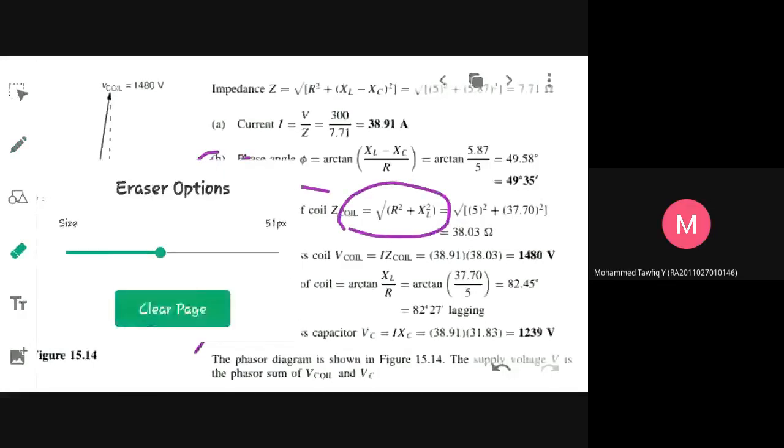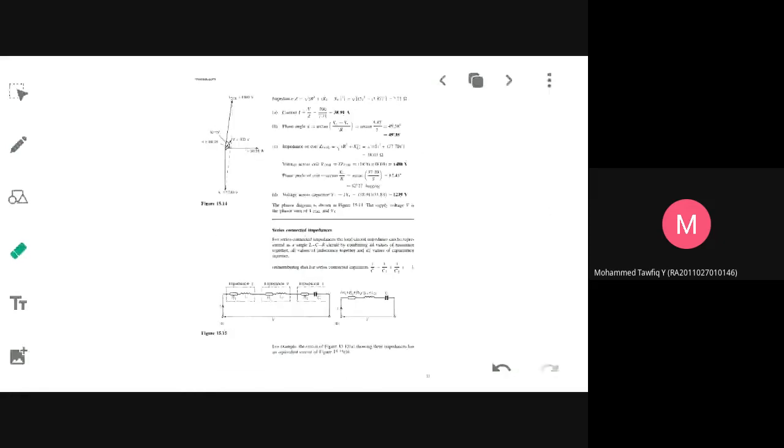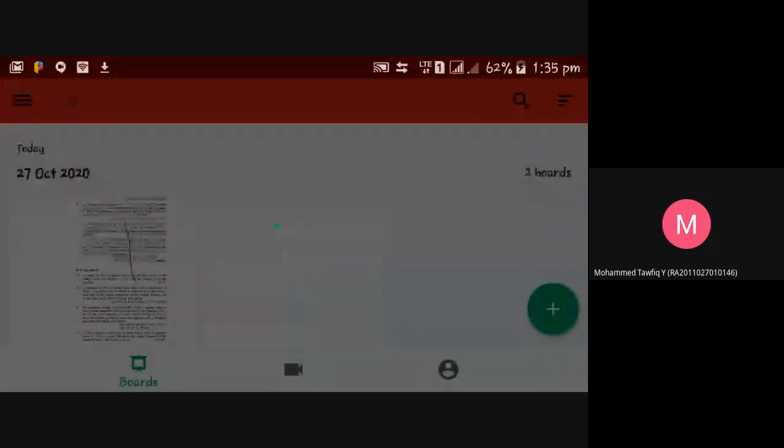Okay, one more problem section we'll discuss, because today we'll discuss problems only. I will give some exercise problems without solution, but only answers are there. So we'll check out one problem in RC, one problem in RL, and one problem in RLC.